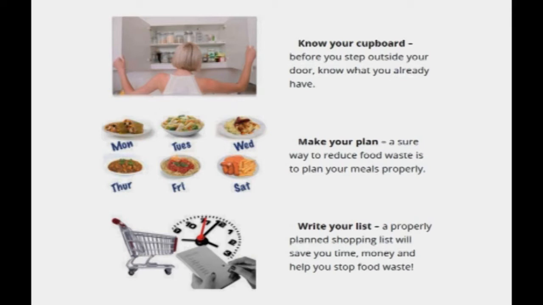The next one is make your plan. A sure way to reduce food waste is to plan your meals properly. The next point is write your list. A properly planned shopping list will save your time, money, and help you stop food waste.